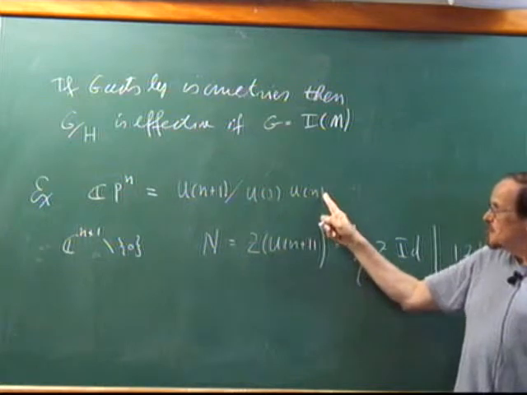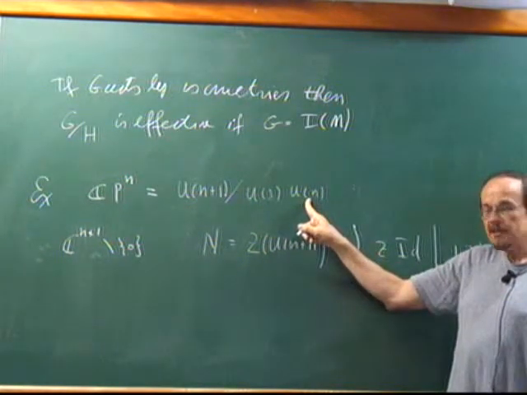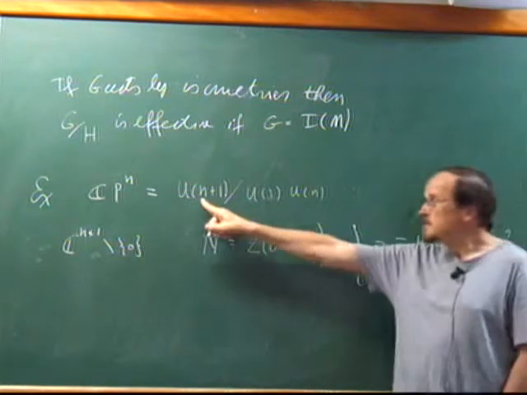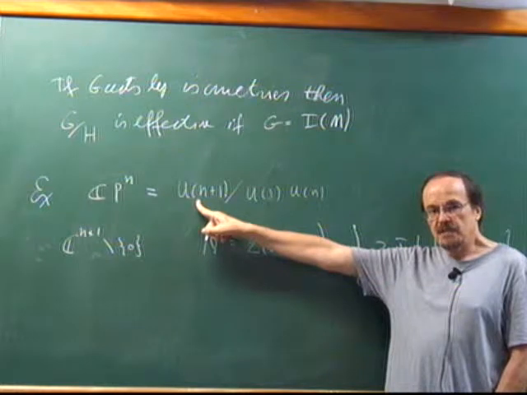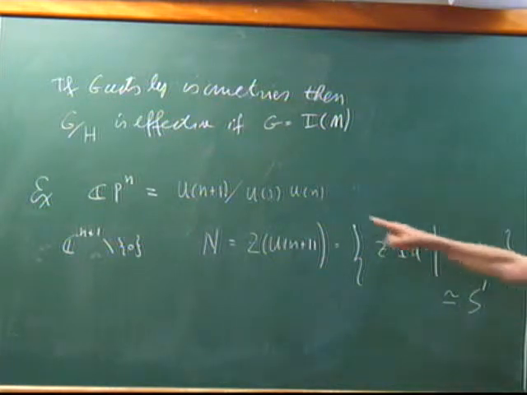The center of this group is larger, right? U(1) lies in the center, and there's another diagonal one here. So the center is two-dimensional here. But only this one is common with the center of G. So this circle is the largest common subgroup. So in the isotropy group, wouldn't N be U(1)? No. What's the isotropy group here?